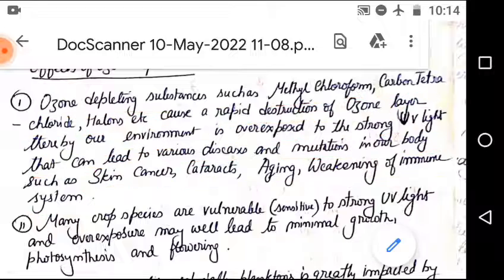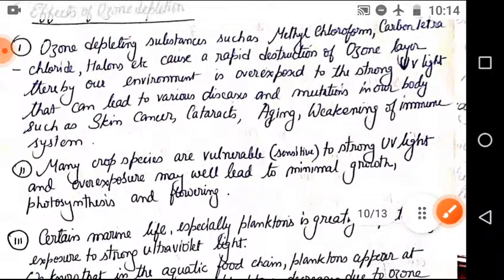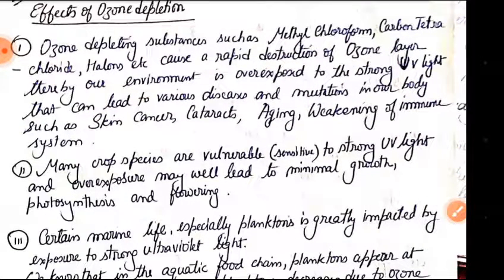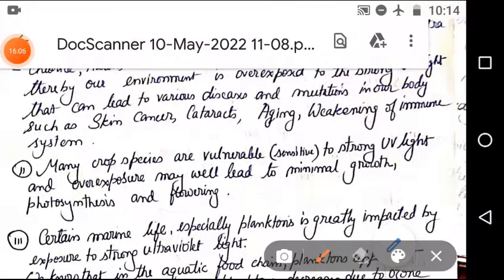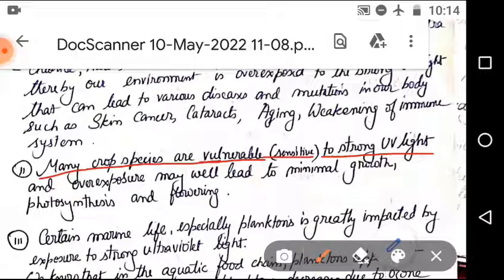The second impact of ozone depletion is that many crop species are vulnerable. That means they are sensitive to strong UV light, and overexposure may lead to minimal growth, photosynthesis, and flowering.